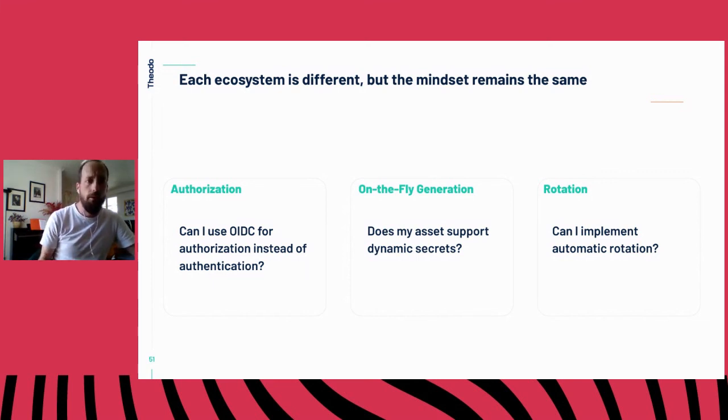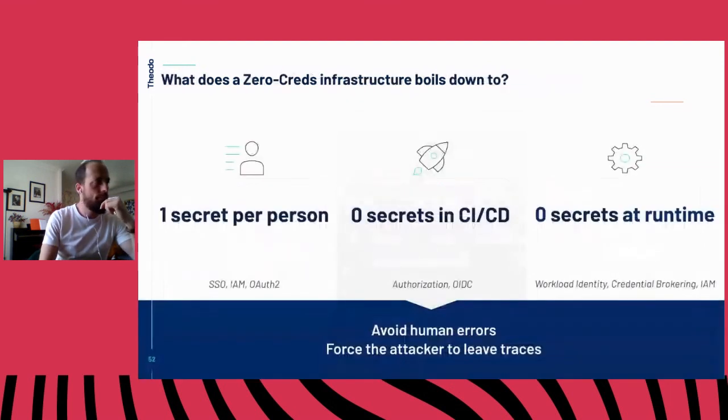If it's a third-party API key, maybe you will be able to just do some API calls to rotate the API key. So finally, zero-code infrastructure, it should boil down to 1 secret per person, 0 secrets in CI/CD, and 0 secrets at runtime, which will avoid human errors and force the attackers to leave traces.